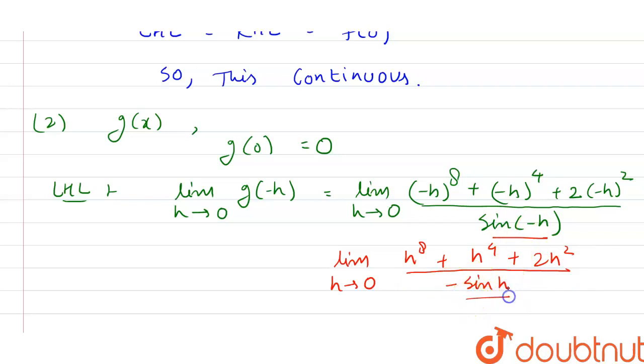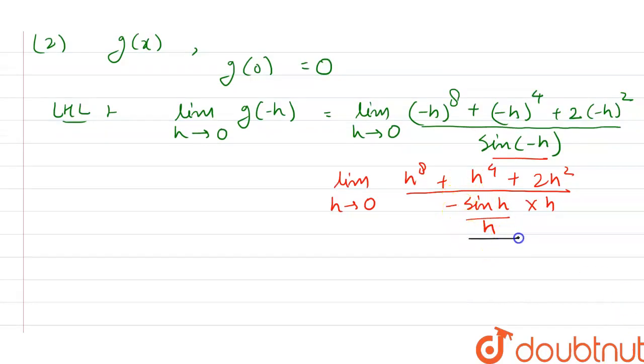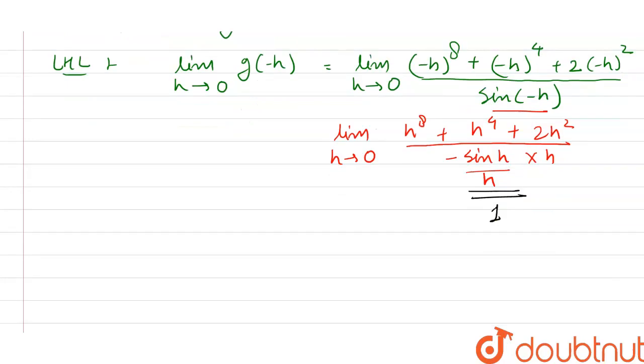Now if we multiply and divide by h, the term sin h upon h is equal to 1. Dividing h^8 + h^4 + 2h^2 by h, this is equal to the limit as h tends to 0 of h^7 + h^3 + 2h, sorry guys, this is h^3. Now we take the minus sign outside, upon 1.